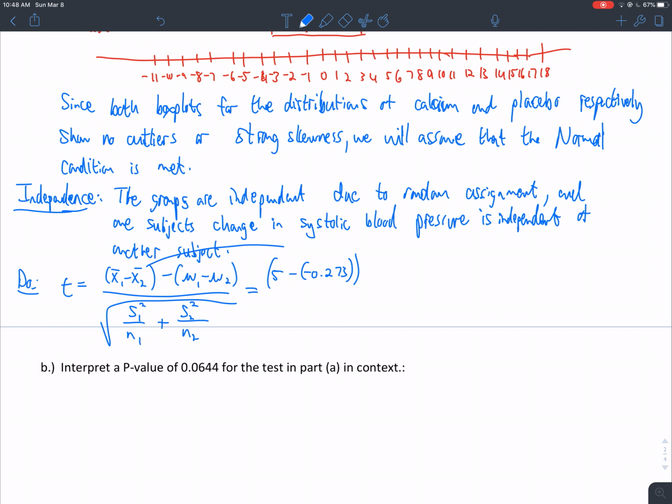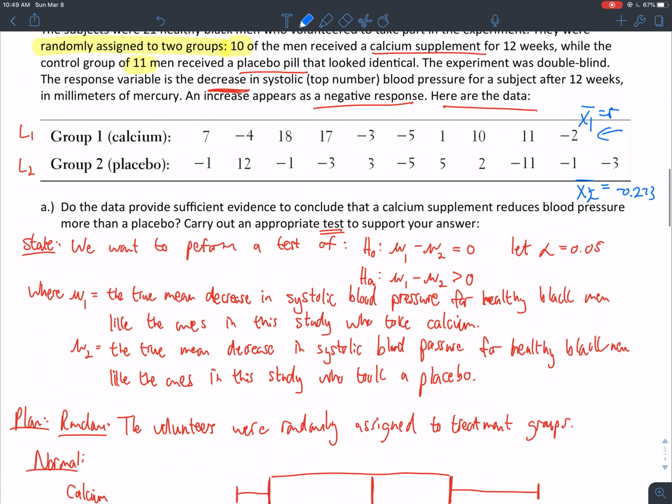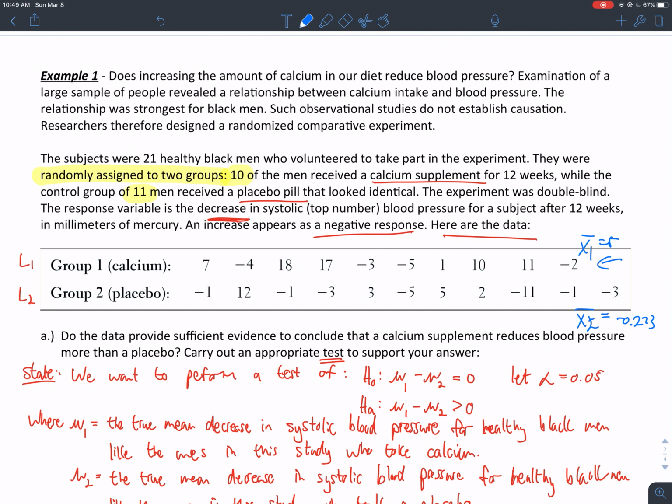and then we said our null hypothesis. This comes from the null hypothesis. We're assuming there is no difference, so calcium is no better than placebo. That's what that means. And then S sub 1, we found the standard deviation here. If you do 1 var stats on this, you get S sub 1 is 8.743, and here S sub 2, if you do that with 1 var stats, you get 5.901.